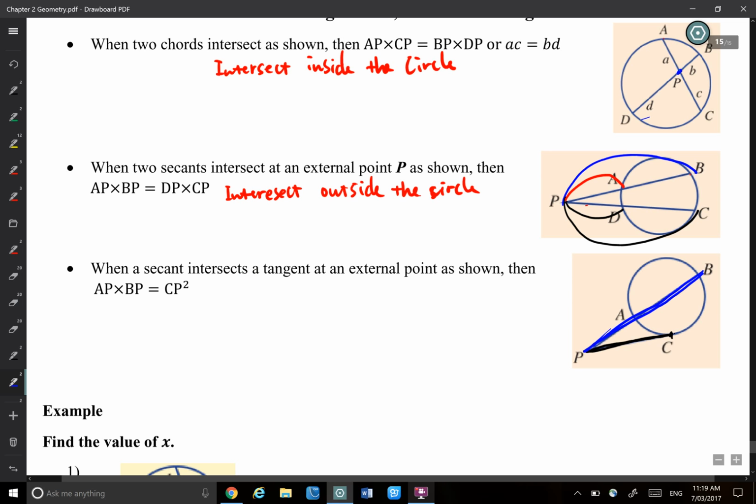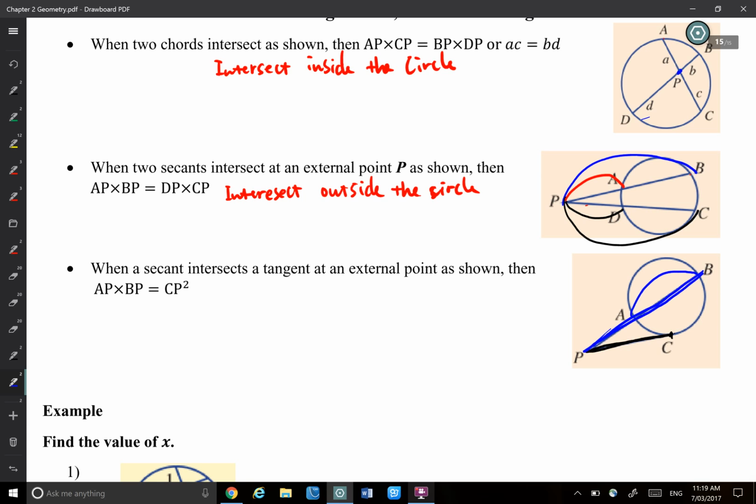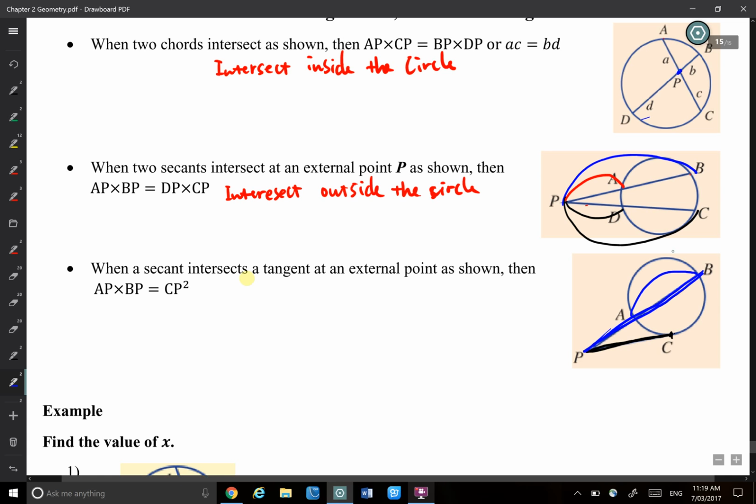BA is the line segment, but you extend that to meet the tangent at a point P. Then that equals AP times BP, so still the outside bit times the entire bit, and equals CP times itself.